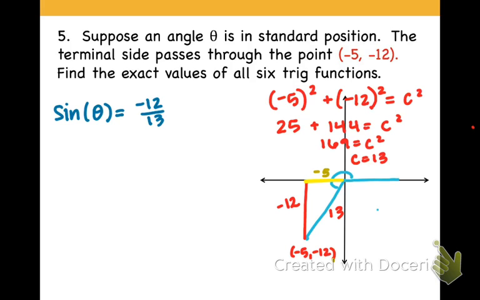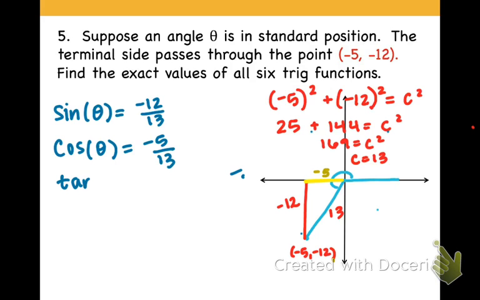Remember, it's All Students Take Calculus. In the 3rd quadrant, it is tangent and its reciprocal that are positive. Everything else is negative. So that means cosine should also be negative. Cosine of theta is going to be the adjacent, -5, over the hypotenuse of 13.